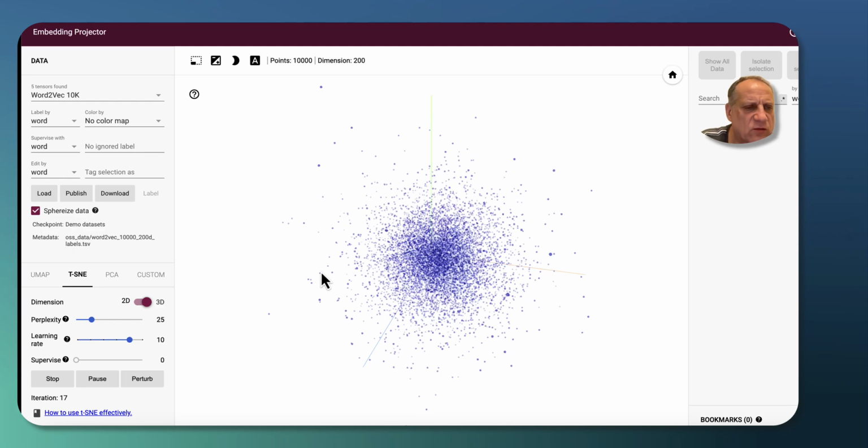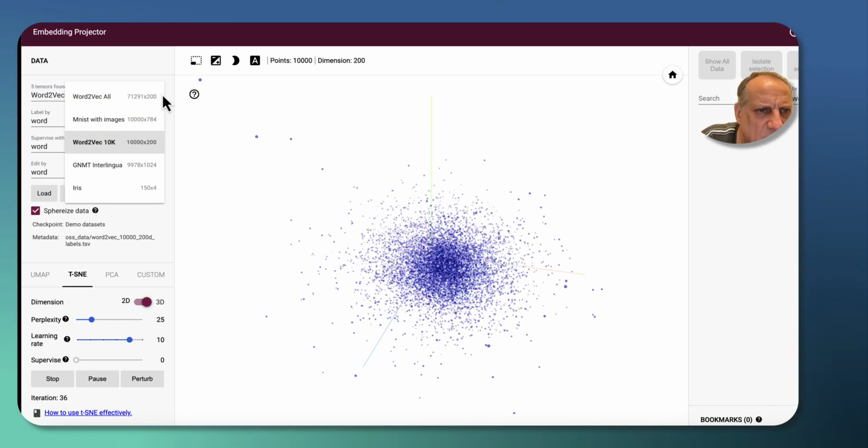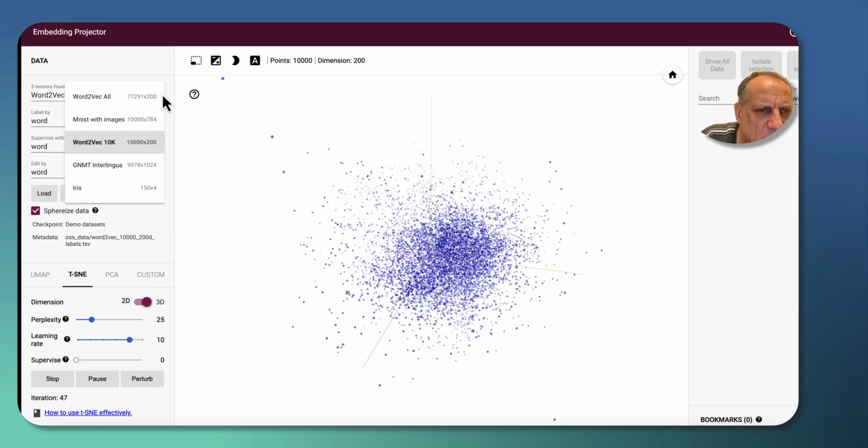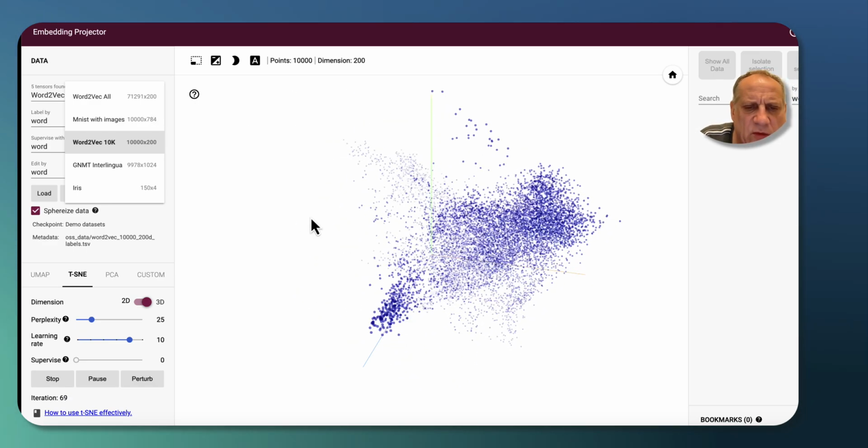Actually, the space is not 10,000 dimensional. It's 10,000 words, and it's a 200 dimensional space.